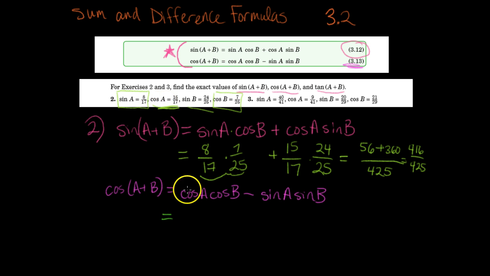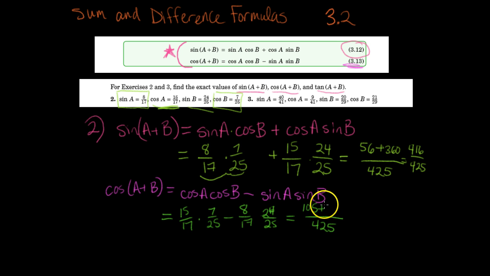So cosine of A is 15/17 times cosine of B, which is 7/25, minus sine of A, which is 8/17, times sine of B, which is 24/25. And if we clean this up, same common denominator, it would be 425, with 15 times 7, which is 105, and 8 times 24, which is 192.